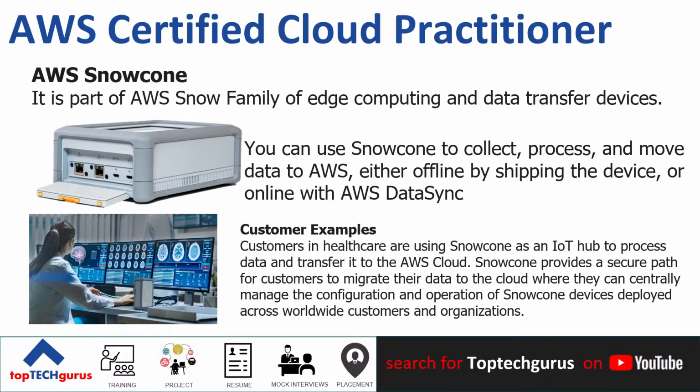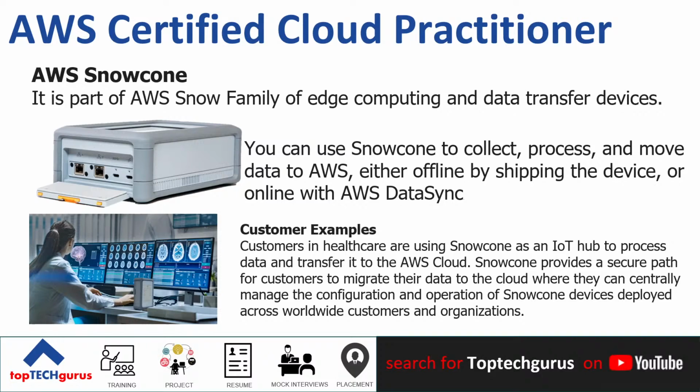So they are able to process those images, and whatever it stores can be shipped, and then it can either come to AWS, or if the customer wants to keep it, that works too.